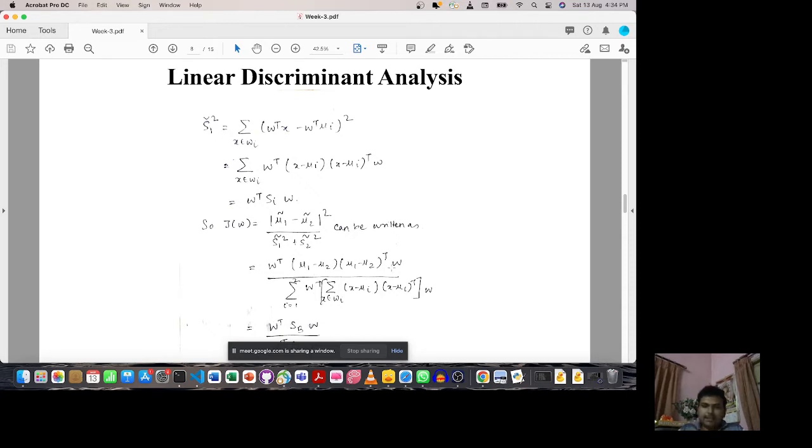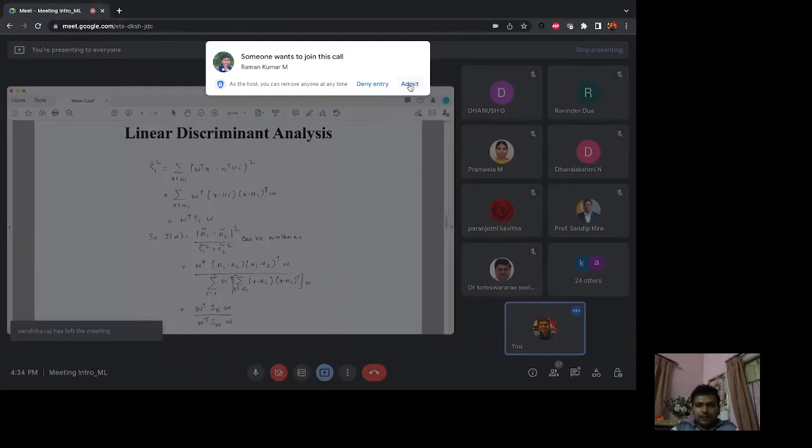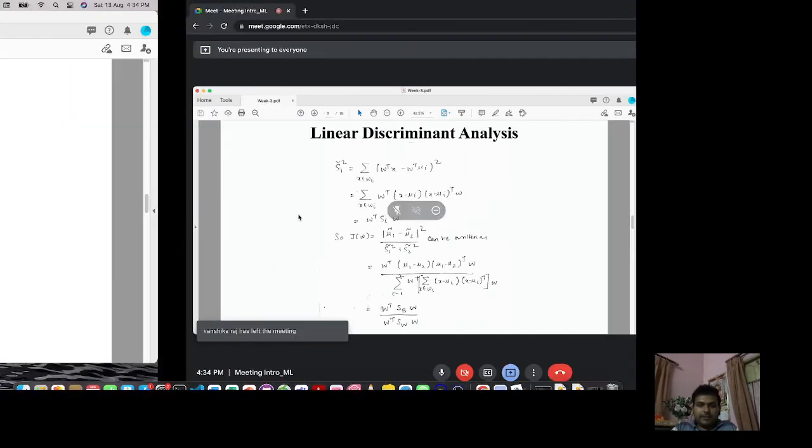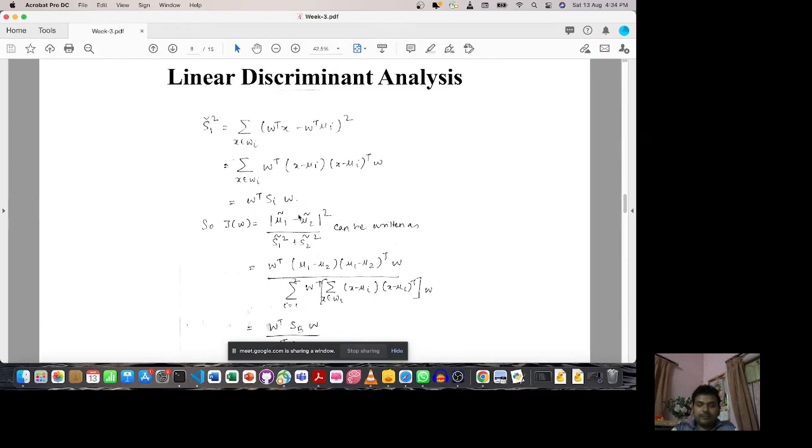These things won't be very clear to you because this comes from the definition of multivariate expressions, and when we are talking about vectors instead of scalars, this is the way we define. So don't think too much into it, just look at the different expressions that I have written.